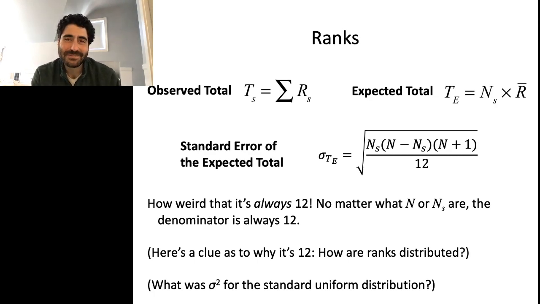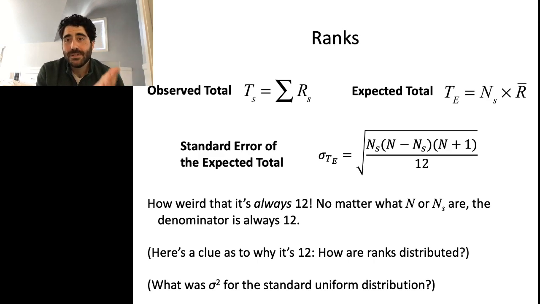So that's where that comes from. Our null hypothesis here is that the ranks are uniform, and that the smaller group is just coming from uniformly distributed ranks. That the smaller group has some little ranks and some big ranks, and they average out to the middle.